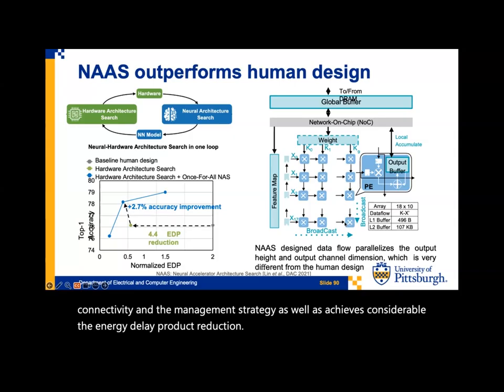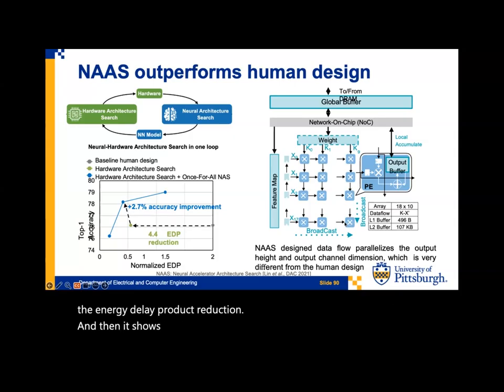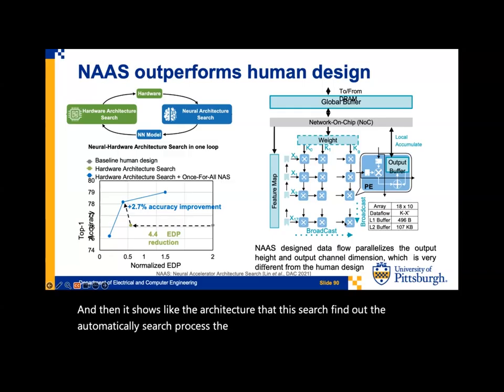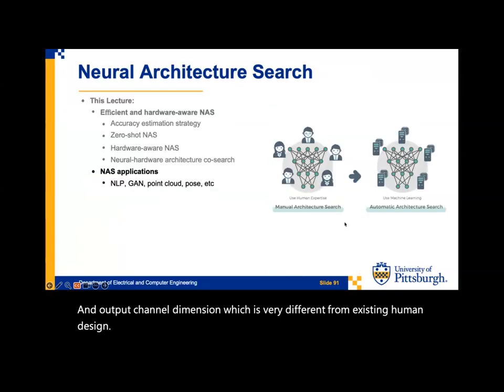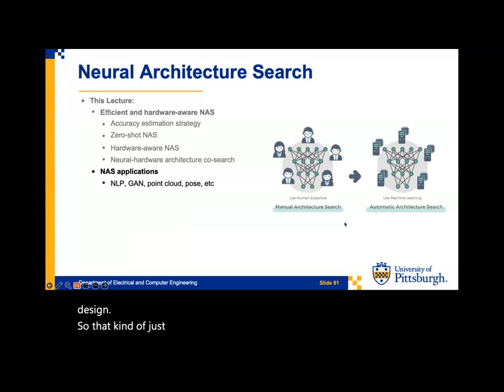And then it shows the architecture that this automatic search process found. It defines the dataflow, parallelizing the output width and output channel dimension, which is very different from existing human designs. So that covers this new hardware architecture co-search.